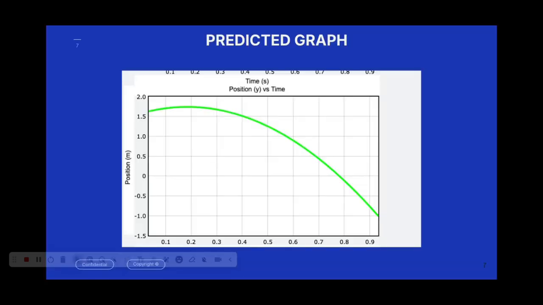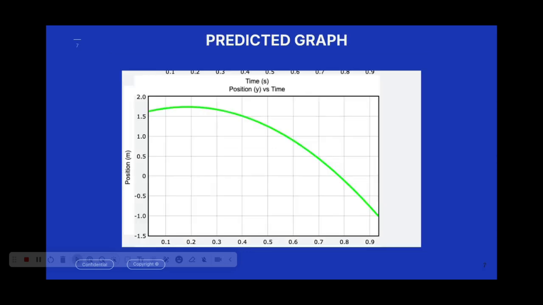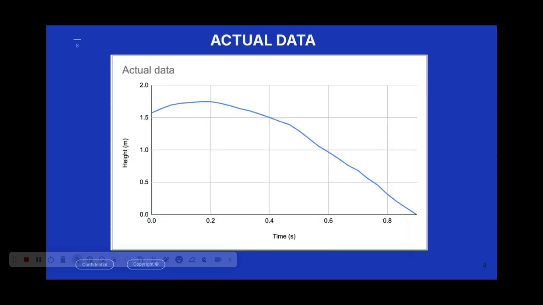You can see that our y position goes down over those 9.9 seconds, but it actually goes down to -1 meters, which doesn't realistically exist. You can see compared to our actual data, that ball stops at 0 over that time, but they do look very similar in their line.